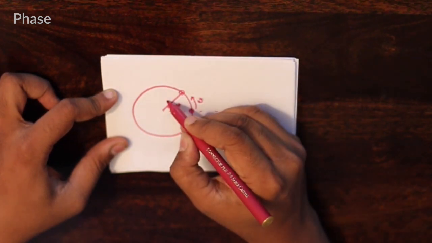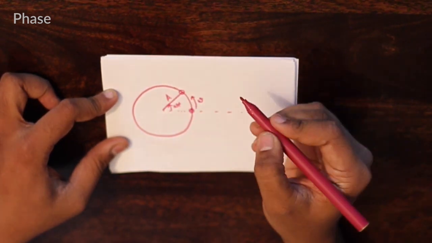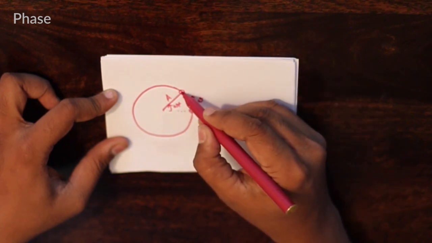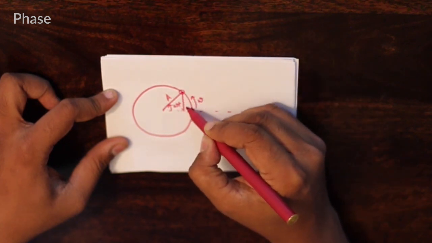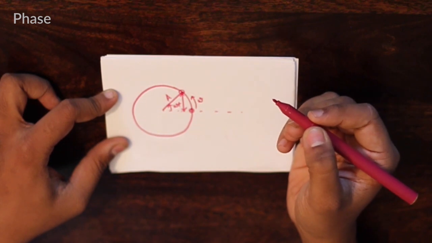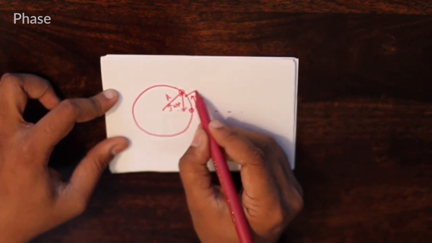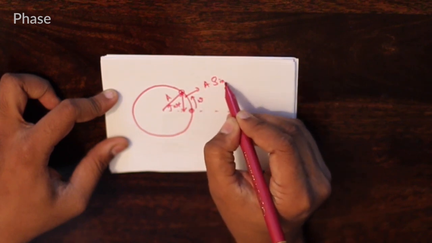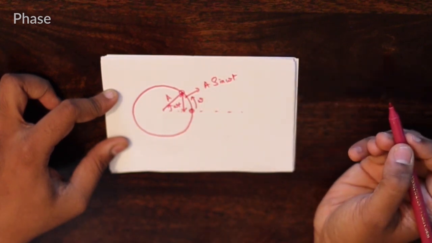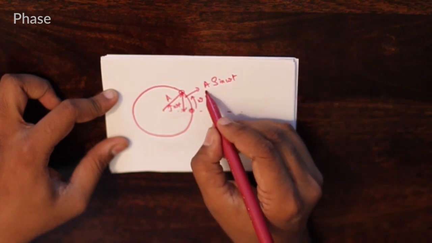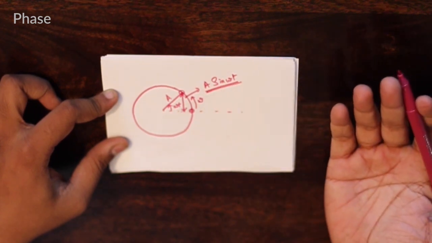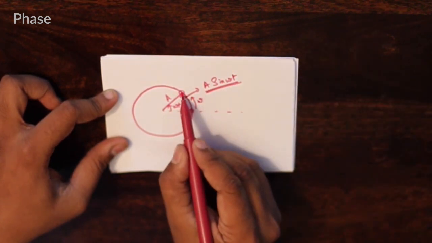And then if the radius of this particular circle is A, what is this height? And that height, as you probably observed, is A sine omega t, which is incidentally our SHM. So what's going on here?